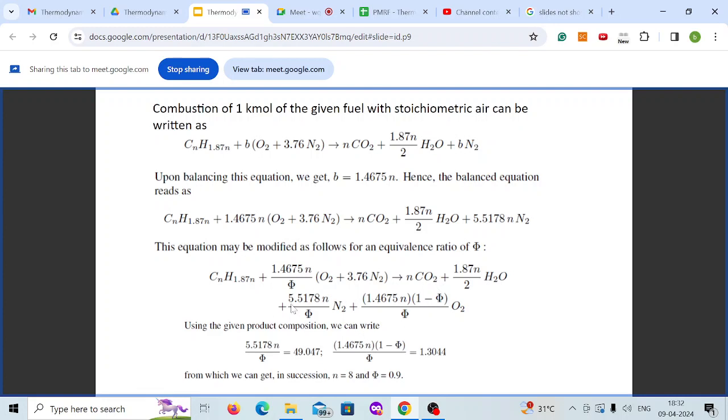You get new nitrogen and oxygen moles in the products. You equate those with the values given in the problem, and you have two unknowns and two equations. From there you can find the value of n to get the composition, and phi, the equivalence ratio, which is asked in the problem.